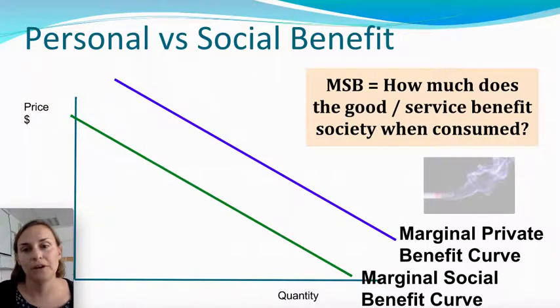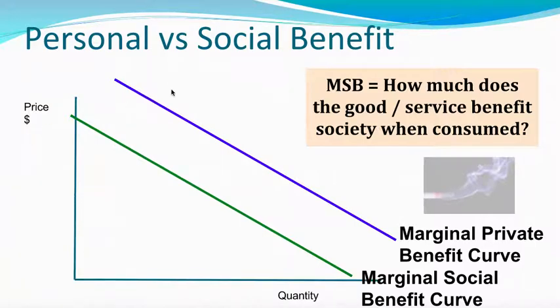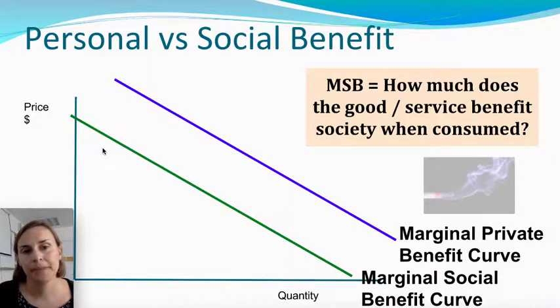So we're going to divide these curves into private benefit, which we already looked at in the last slide, so that's the consumer. And then here, for this instance, we're going to have it below. It's going to be the benefit of all of society. So we're going to call this the MSB, or the marginal social benefit curve.